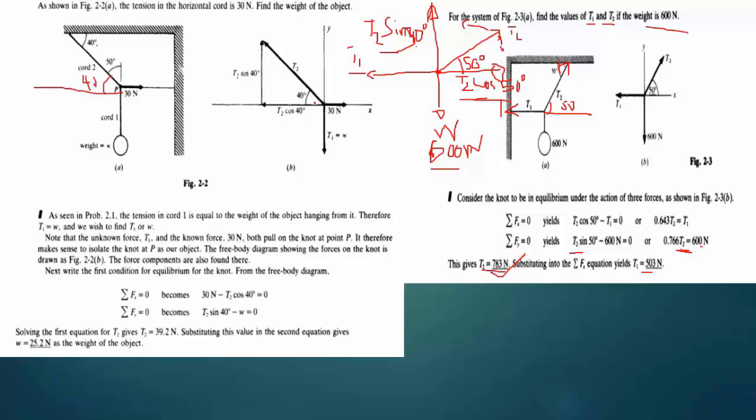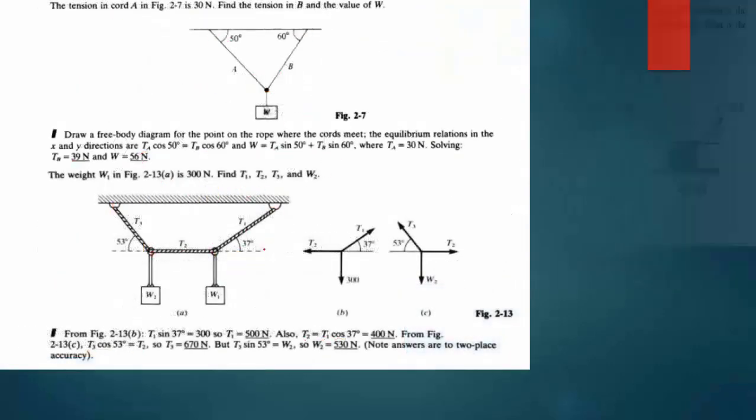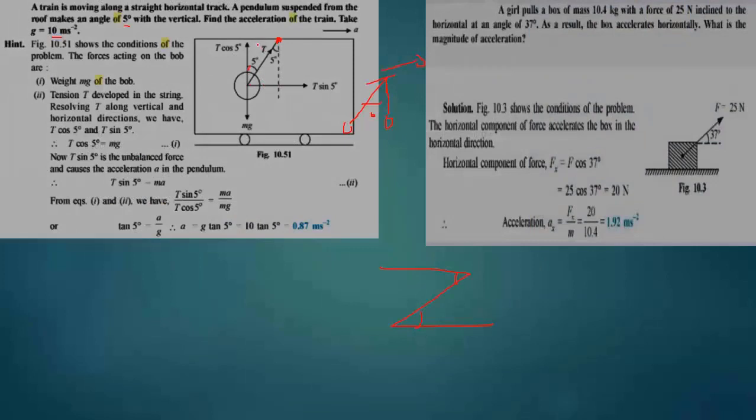Ndio maana unaona hapa 40 imekaa hapa. Kwa ncha zile za Z zinakuwa zinafanana, 50 ndio maana hapa 50. So similarly hata hapa hii Z, umeona hii Z. So hii angle hapa inakuwa sawa na hii angle hapa. Kwa zote zinakuwa ni 5 degrees na 5 degrees.